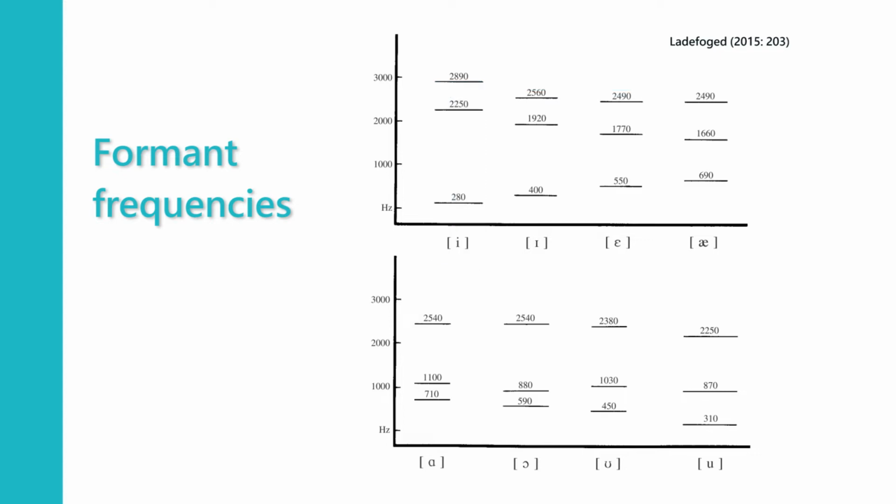If you look at the sound U, as in who, the three formant frequencies are different. It starts at 310. The second frequency is much lower than the second formant frequency of E. The third formant frequency of U is equal to the second formant frequency of E, which is 2250 hertz.